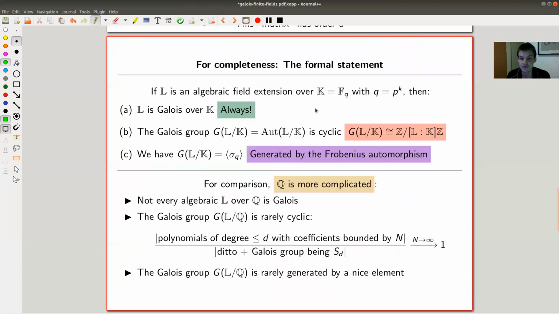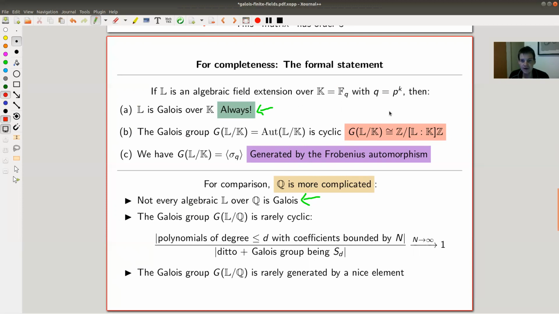The main statement for today is that field extensions over finite fields are actually pretty simple. If you have an algebraic field extension, a finite field extension of a finite field, then this is always Galois over your finite field, which is in contrast to the situation over the much more complicated field Q, where not every algebraic extension is Galois.